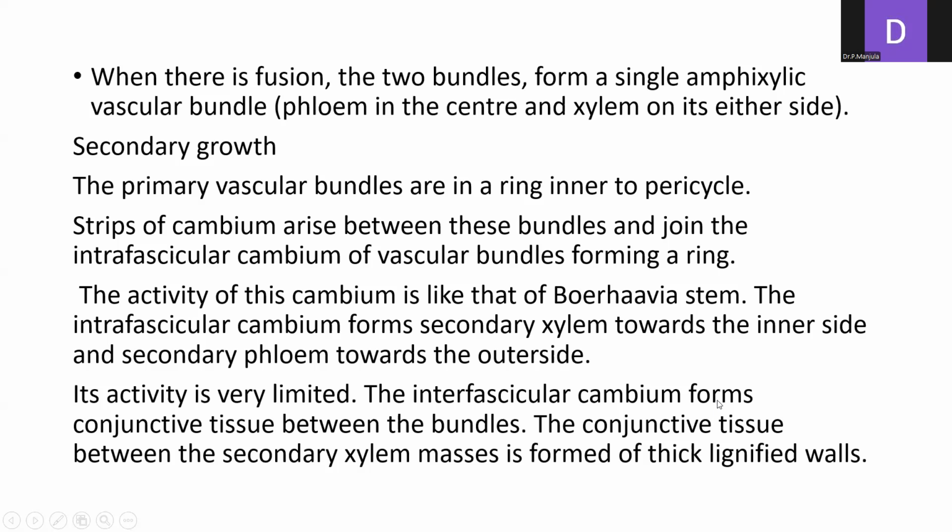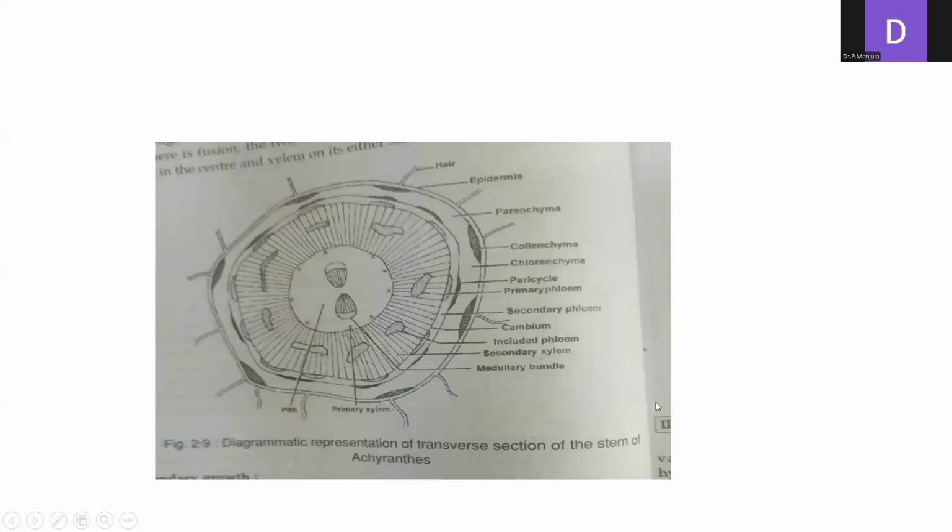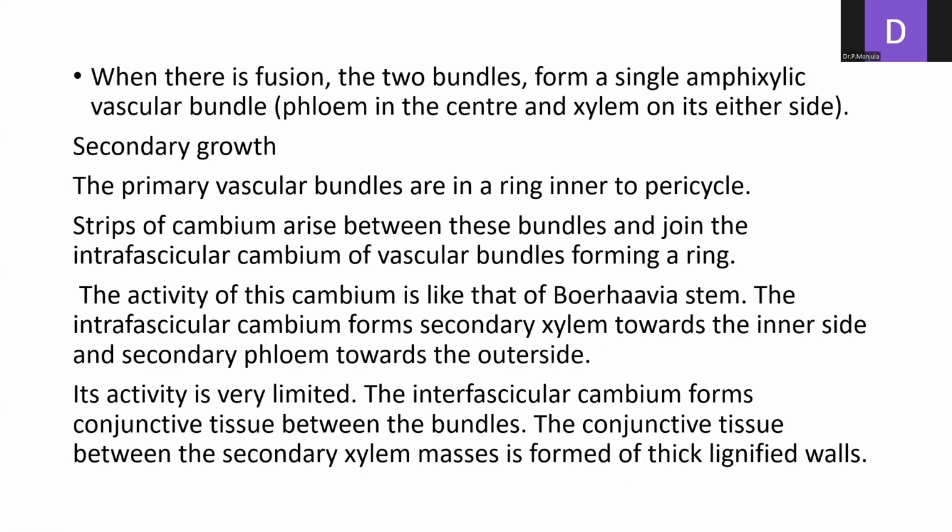But here, only the intrafascicular cambium, the cambium present in the vascular bundle region, produces secondary xylem towards the inner side and secondary phloem towards the outside.